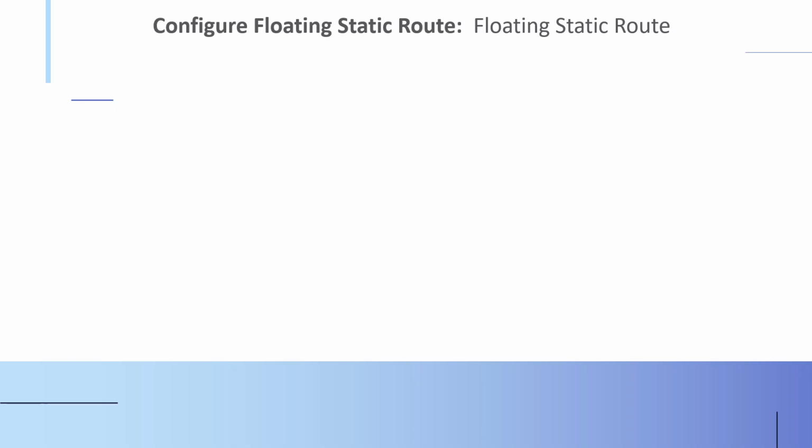So if a floating static route is configured with an administrative distance of 95, the dynamic route learned through this protocol is preferred to the floating static route. And if the EIGRP learned route is lost, then the floating static route is used in its place.